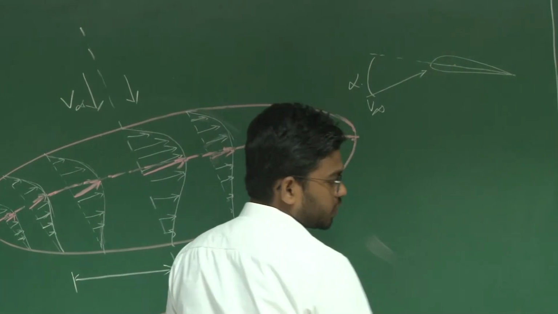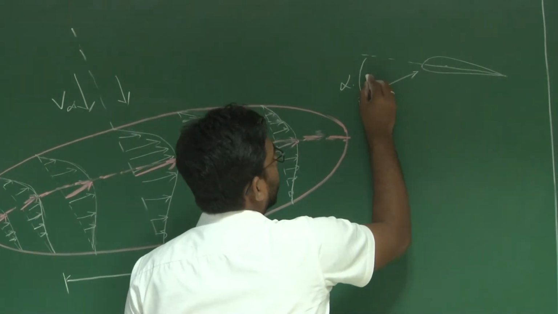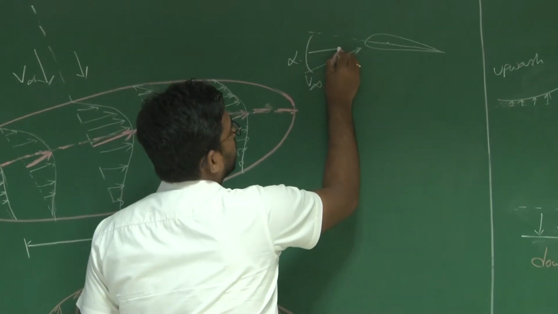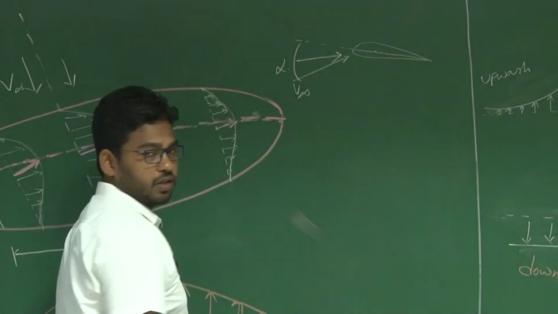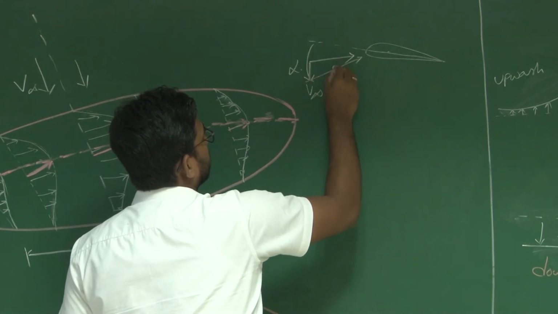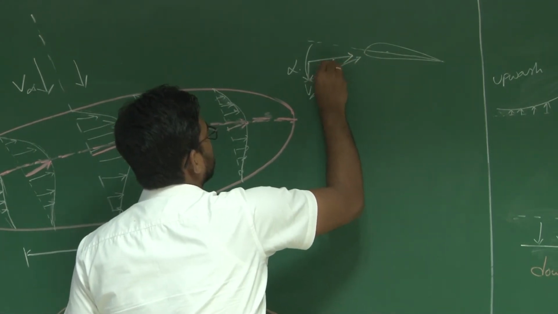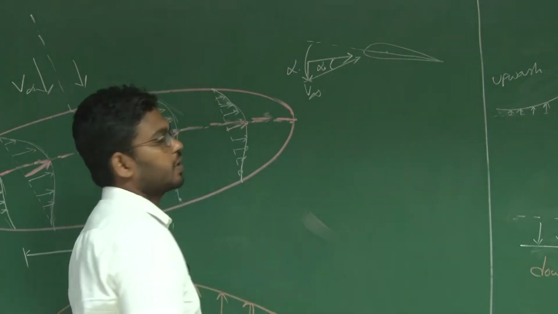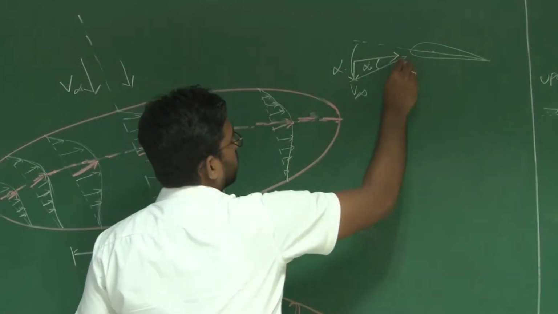But due to this upwash and downwash effect, the local angle of attack at this particular span location changes, right? So this is induced by a downwash, right? This change in angle of attack is because of the downwash.